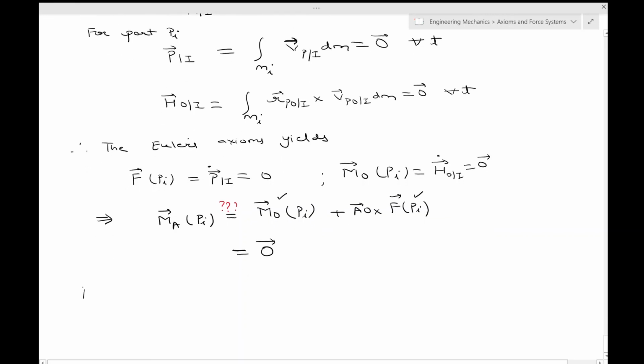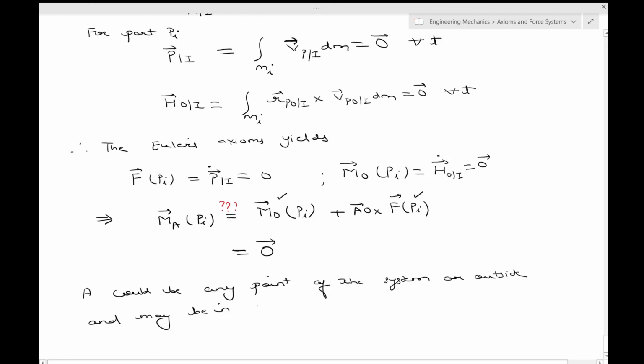And over here, A could be any point of the system or outside, maybe in arbitrary motion.